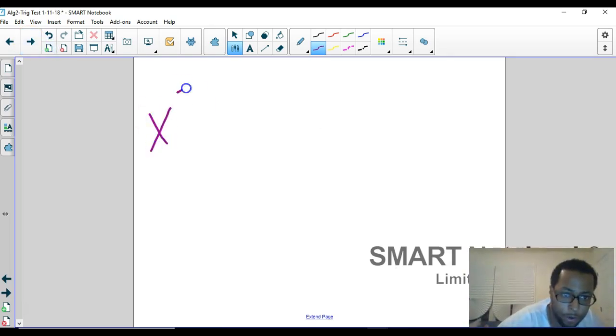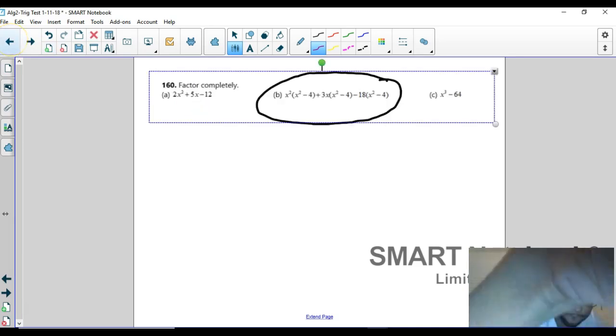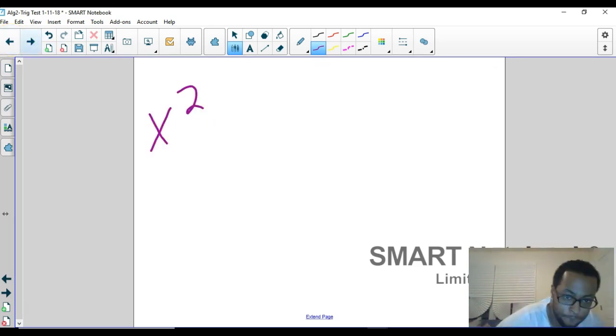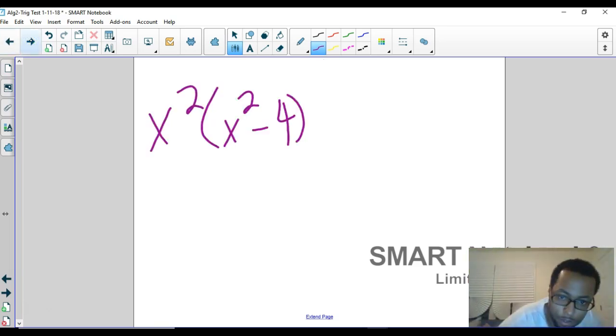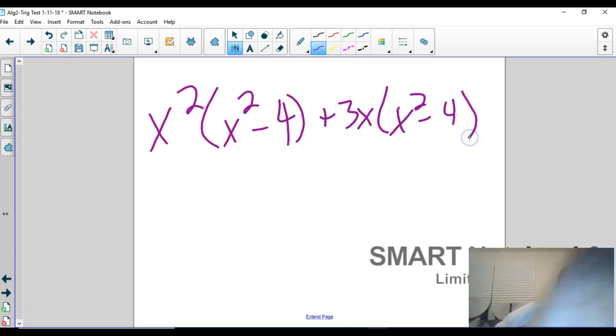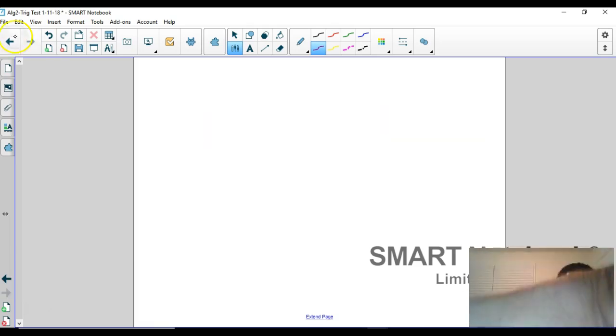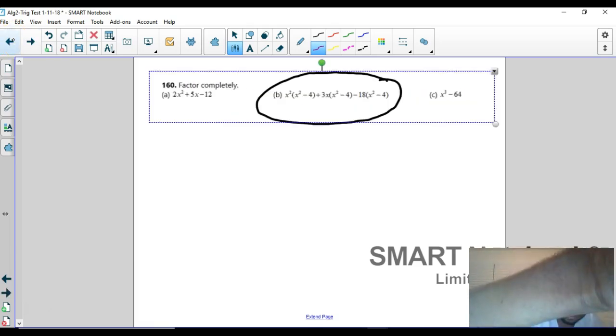Last question. x squared minus 4, x squared minus 4, x squared minus 4, and negative 18.